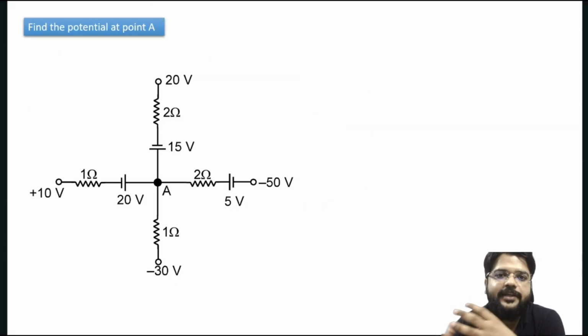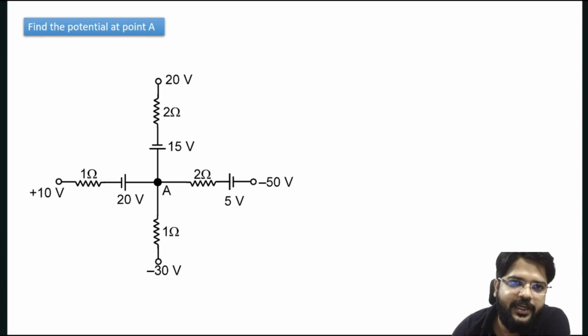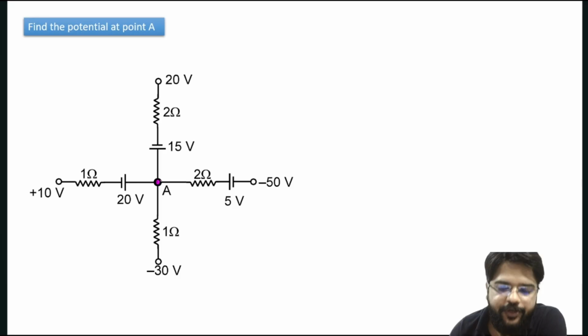Let's see the next question. Find the potential at point A. In this question, we want the potential at this A point. We don't know the potential at the A point, so we are assuming the potential at A is X. With respect to this A point, the potential here should be X minus 15.